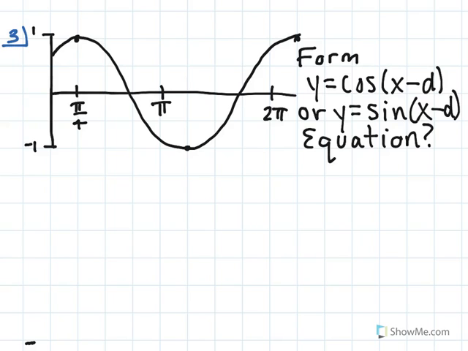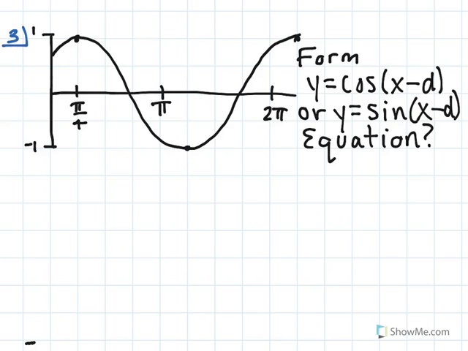Here we're given a graph and we're asked, given that the form of the equation is either y equals cosine of x minus d or y equals sine of x minus d, what is the equation that describes this graph? First we need to determine whether we're working with cosine or sine.